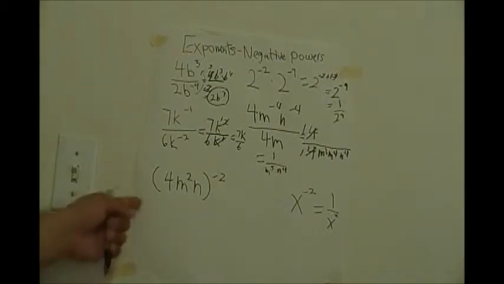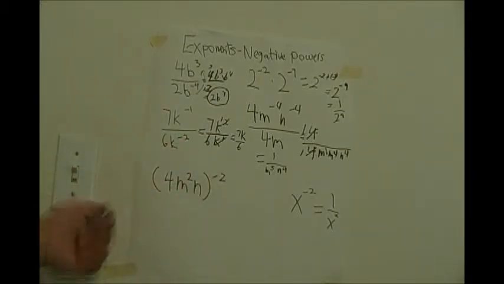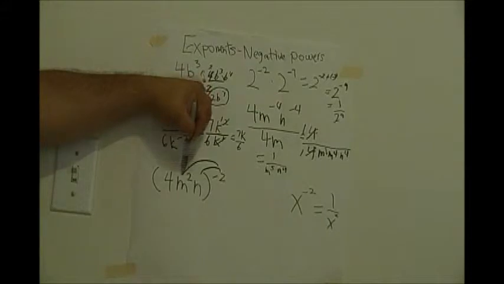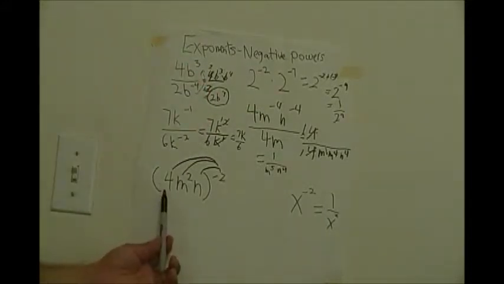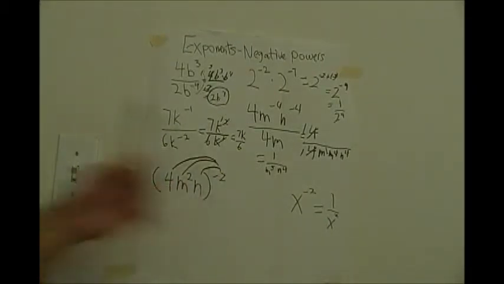Okay, finally, let's look at when we have negative powers, using the power properties, right? So again, the way it works is that you take the outer power and distribute it to each individual part of the monomial, right? We distribute the -2 power to the 4, the m squared, and then the n.